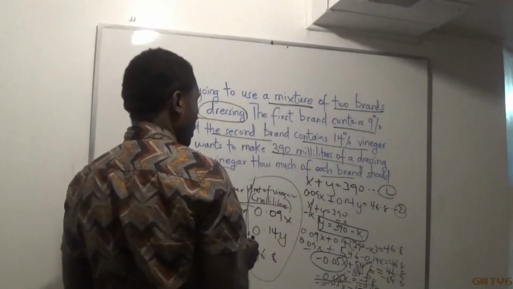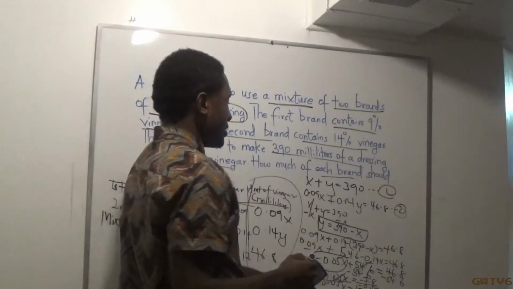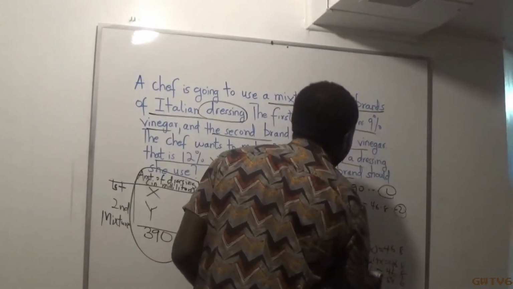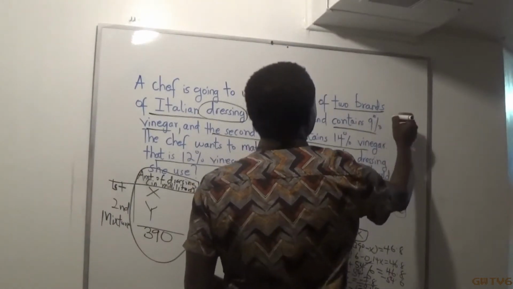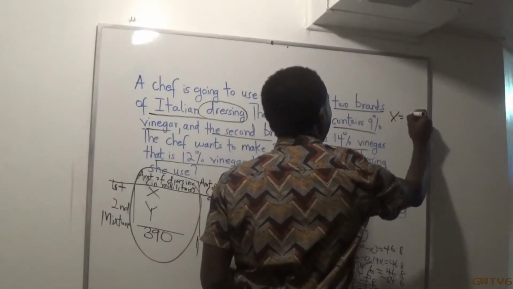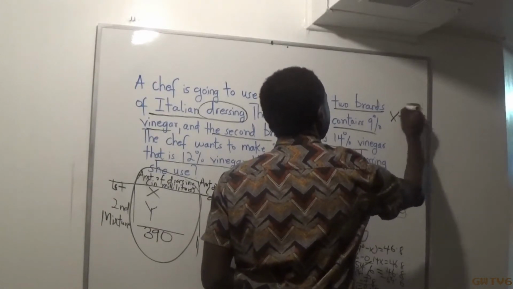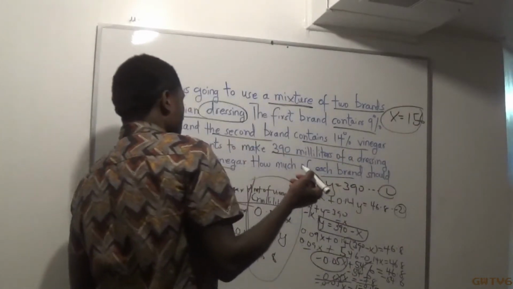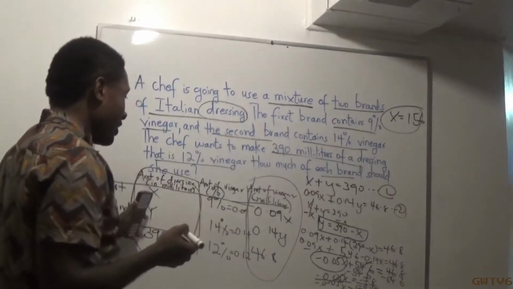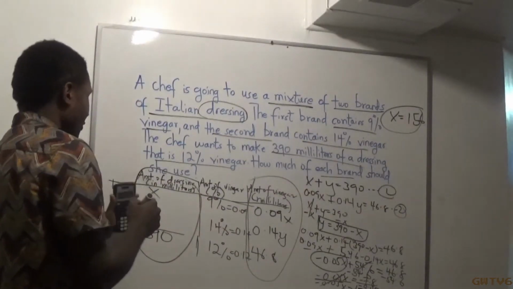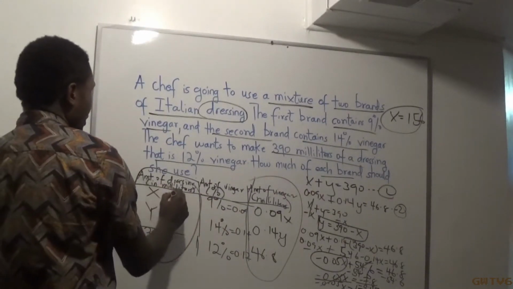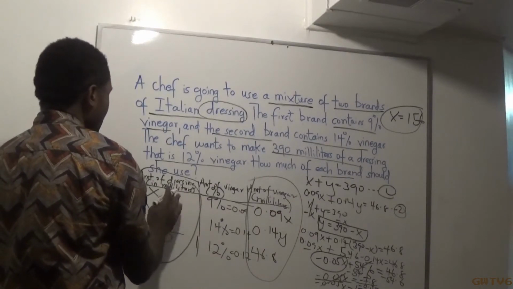So again, my x is 156. Let me just write it here so it'll be clearer. So my x, I got 156. So that was for the first brand, the first brand right here, that the x is what? I got 156 right here.